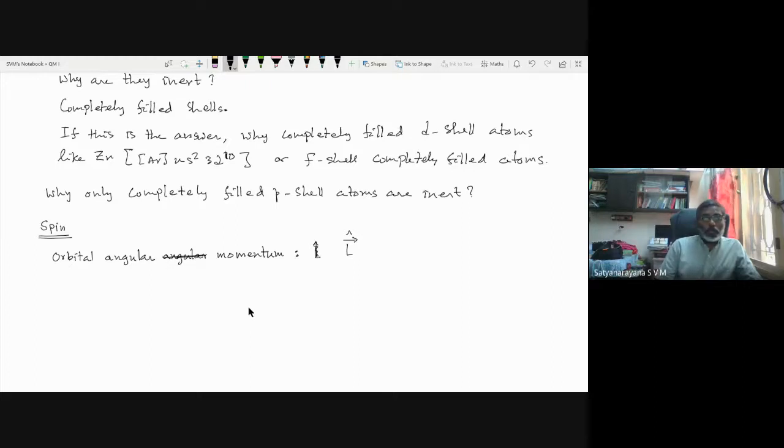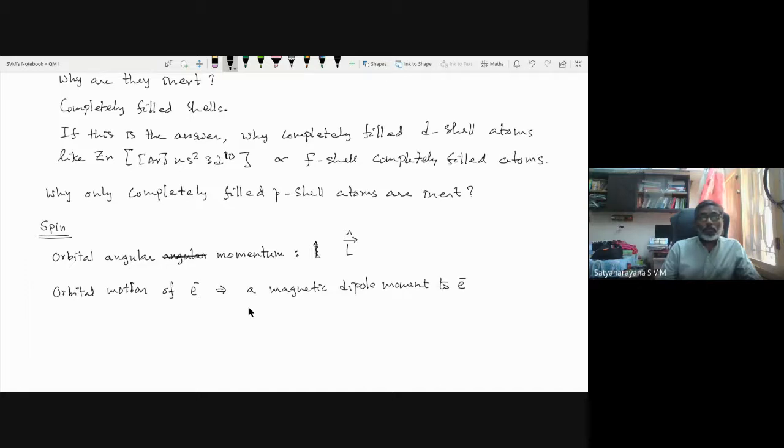Now, the orbital motion of an electron implies a magnetic dipole moment to the electron.